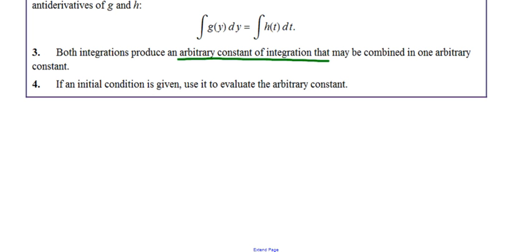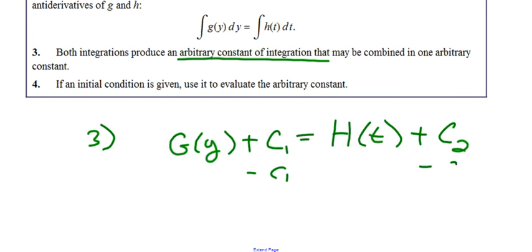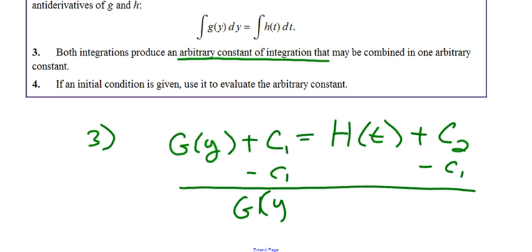So this is what number 3 means. Number 3 says, if I have one, I could take the antiderivative of the left-hand side. And normally, since it's indefinite, we would say plus c, and I'll call it c sub 1. And on the right-hand side, if I take the antiderivative, we would have an arbitrary constant. In this case, I could subtract this c over here and get this result.